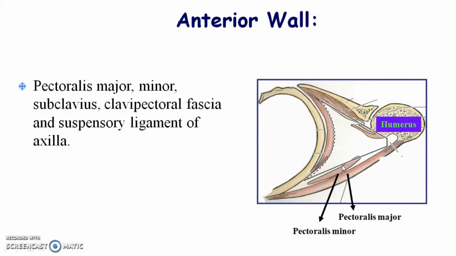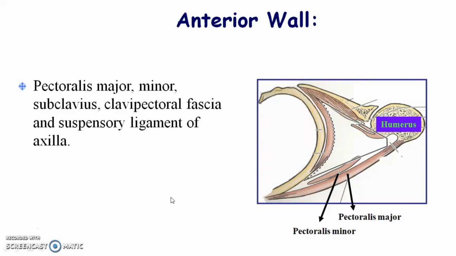Below pectoralis major we have pectoralis minor, and then below that we will be having some space which is having clavipectoral fascia also. I will show you in a simple diagram. Now you just understand. In cross section from above, this is the lateral aspect, this will be the medial aspect, and this is posterior and this will be anterior. In this picture you can make out only two muscles, pectoralis major and pectoralis minor.